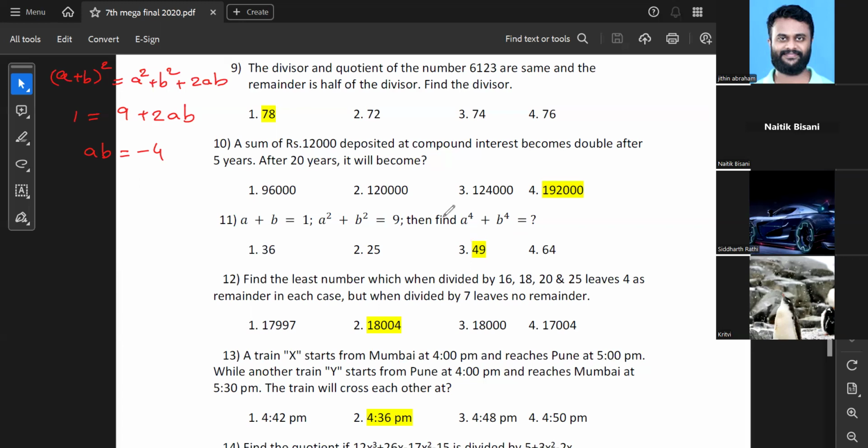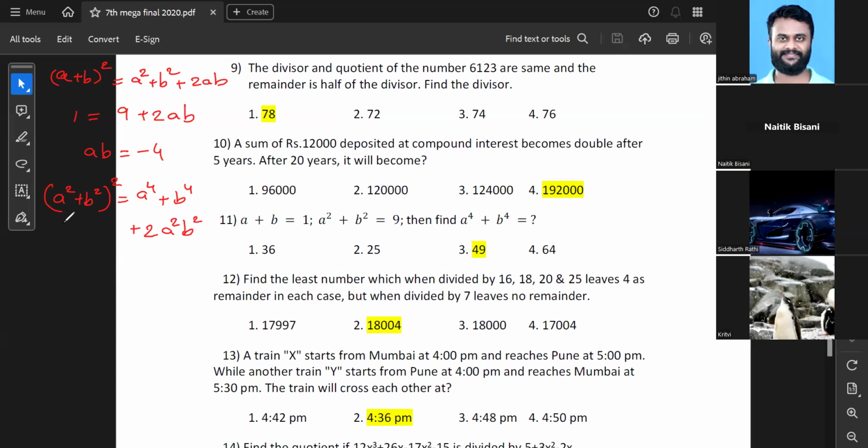After that, you'll do (a square plus b square) the whole square. That gives you a square's square, which is a raised to 4, b square's square, which is b raised to 4, plus 2 times a square b square. A square b square is nothing but (a multiplied by b) the whole square.